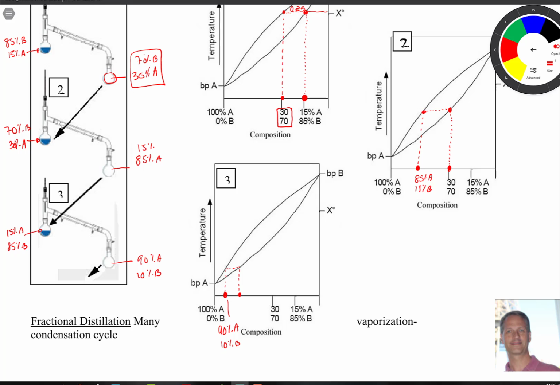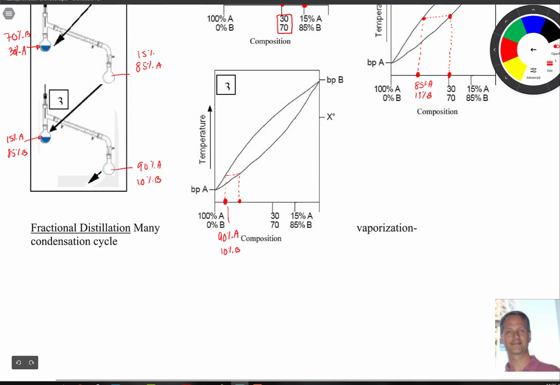All right, so we could continue this on and on, right? And we would become more and more pure. That's time consuming. Simple distillation takes time. To carry this out over and over again, it's going to take a couple lab periods, maybe 3 lab periods, depending on how many times you want to do this. The volumes are going to get smaller and smaller too, so it's a hard process to purify something really well using simple distillation.